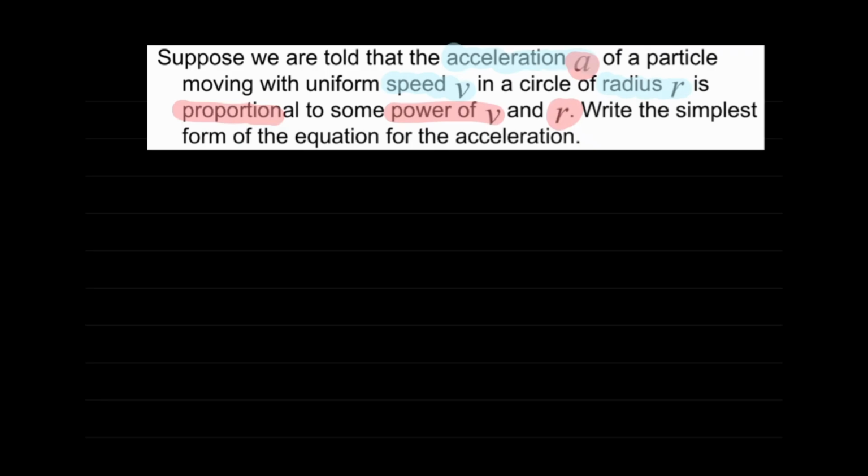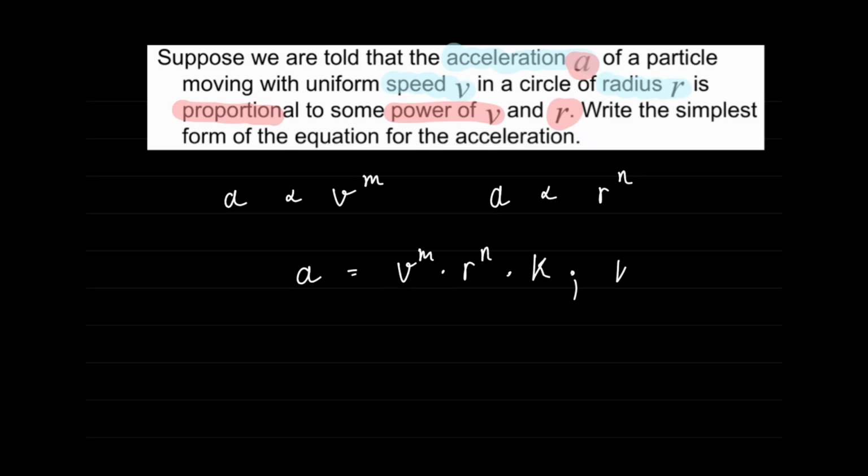We can write this down as a is proportional to v to the power of something. Let's call that m. And a is also proportional to some power of r. Let's call it n. We can write this as an equation. So we have a equals v to the power of m times r to the power of n, multiplied by a constant k.